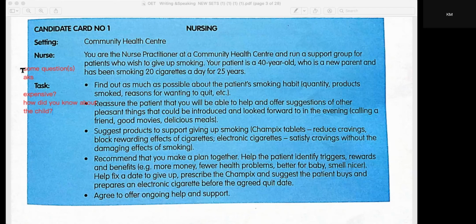Am I clear to you? And since you are a mother, you also have to take care of your baby. If you smoke frequently, it will also affect your baby as well. You don't like that, am I right?